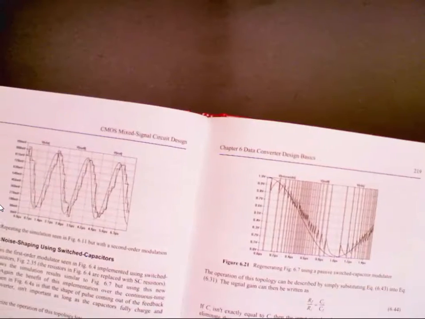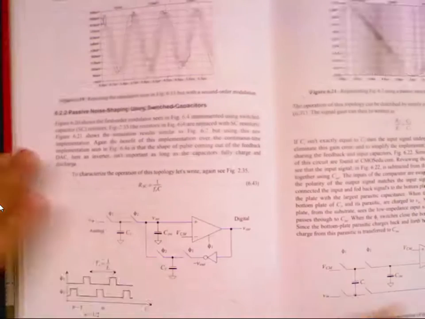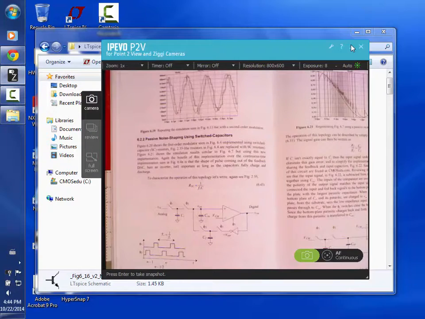We need to move on, but I want to simulate this first. So 621, I want to look at that. 622. Let me just pull those off the web.